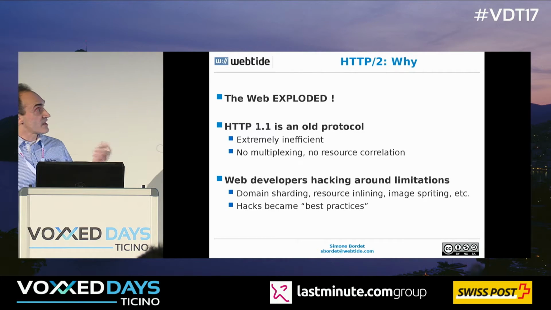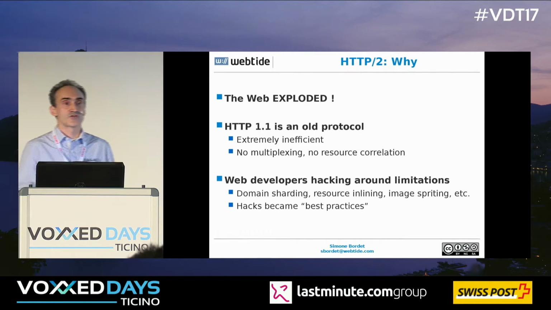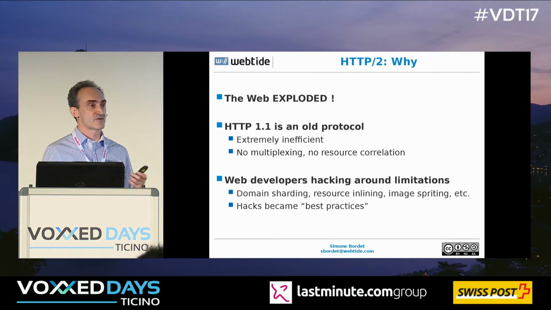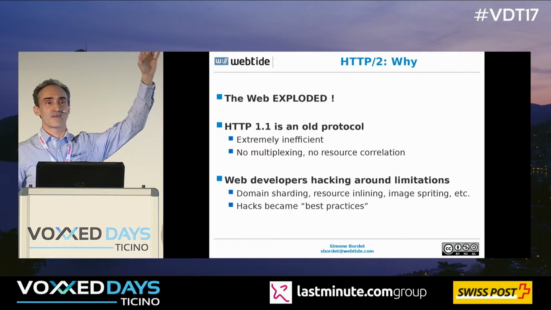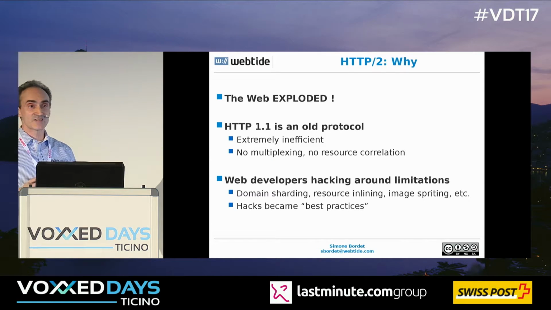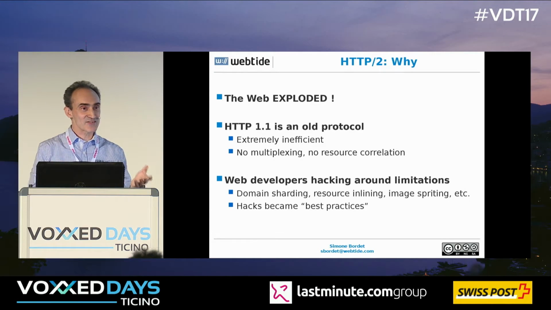So, for example, things like domain sharding or resource inlining or image spriting. So how many of you, for example, have heard about domain sharding? A few, okay. Who's using image spriting here? Okay, a few as well. So these are considered best practices now, but they're really not. They're just hacks around a very inefficient protocol.